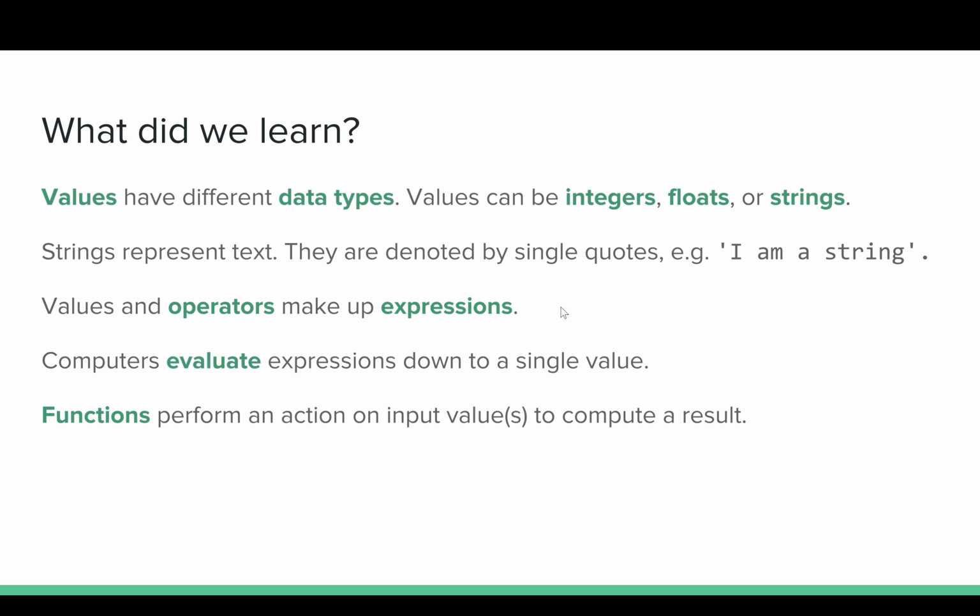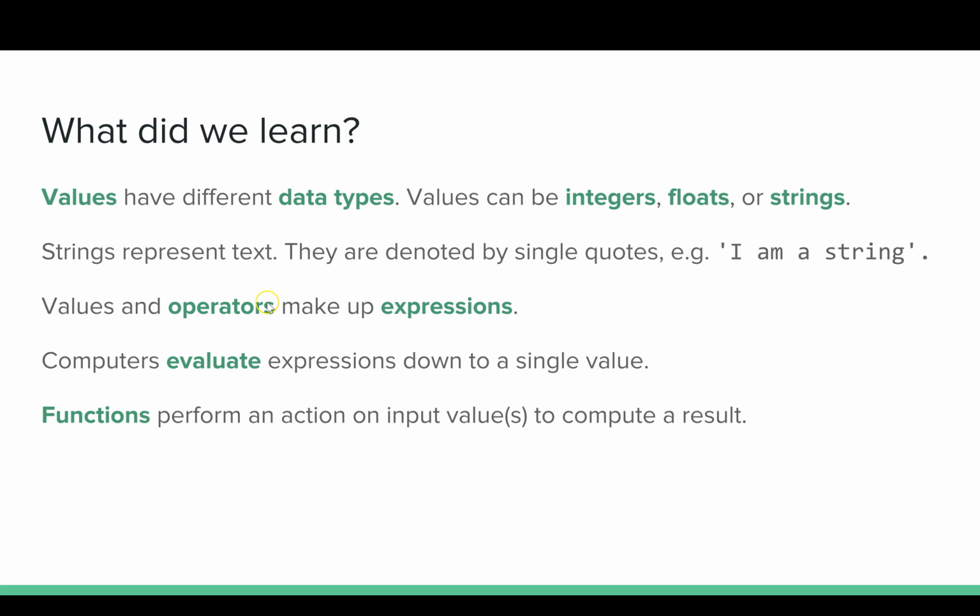So here is a summary. What did we learn? That values have different data types. Values can be integers, floats, or strings. Strings represent text and are denoted by quotes, for example, 'I am a string'.